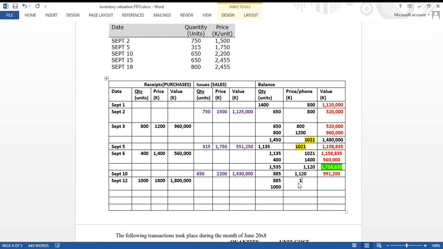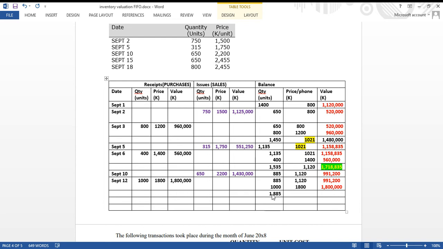These 885 units are going at 1,120, 991,200 here. These 1,000 units are going at 1,800, that is 1.8 million. So we find our average: 885 plus 1,000.